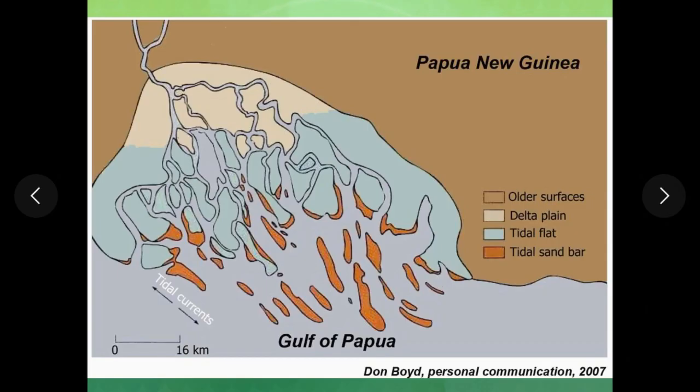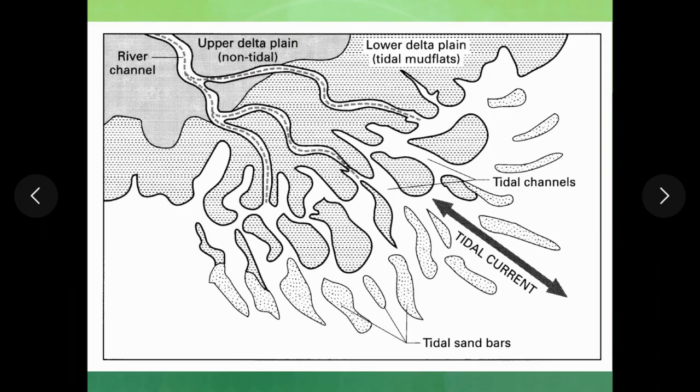See here, these sand bodies are deposited perpendicular to the coastline in the form of bars similar to braided rivers. See the legend here. This portion here is delta plain, these are all delta flats, and these are tidal sands in digitate form perpendicular to the coastline. Same thing again here.